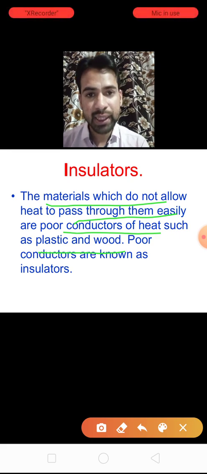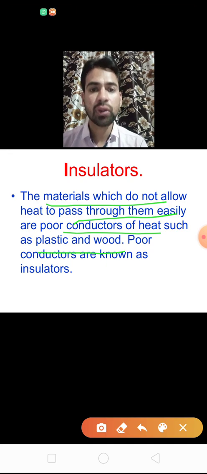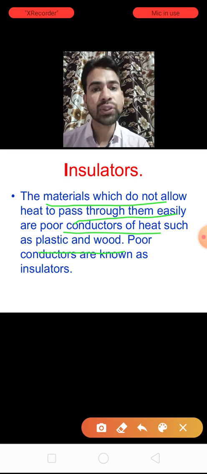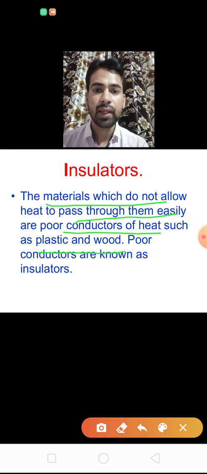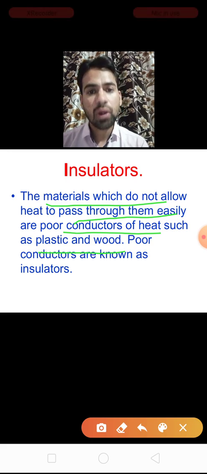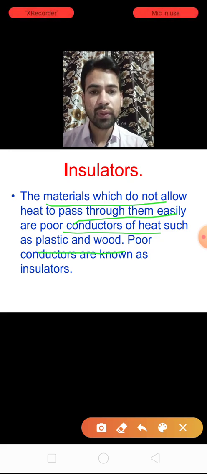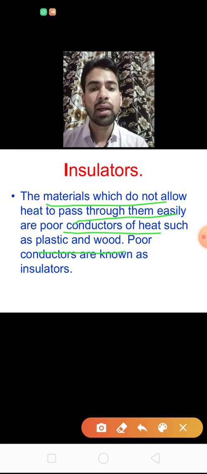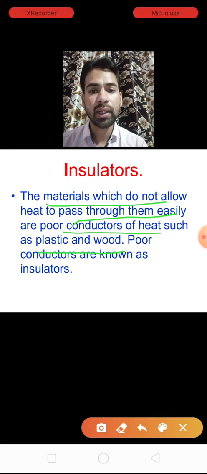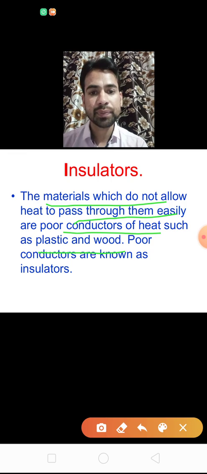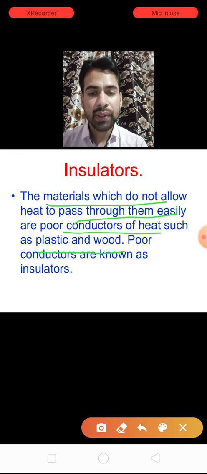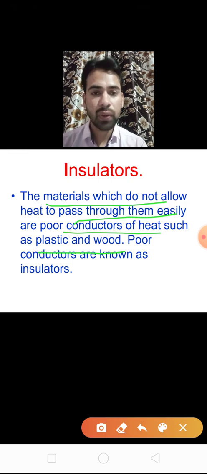I repeat once again, insulators are those materials which do not allow heat to pass through them easily, and these are called insulators. These are the poor or bad conductors of heat. Examples: plastic, wood. Clear about this?